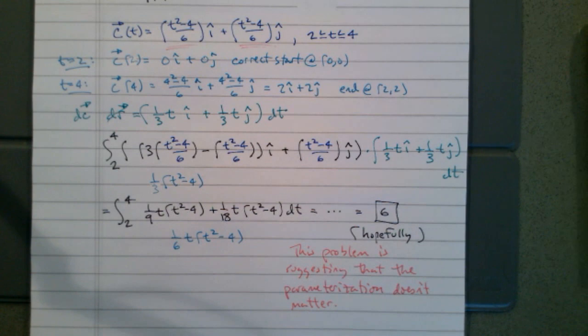As long as the parameterization does report the correct set of points, it doesn't matter how we get from point P to point Q, as long as we follow the correct path. It doesn't matter how we describe that path. So that's an important thing to recognize. Any questions?